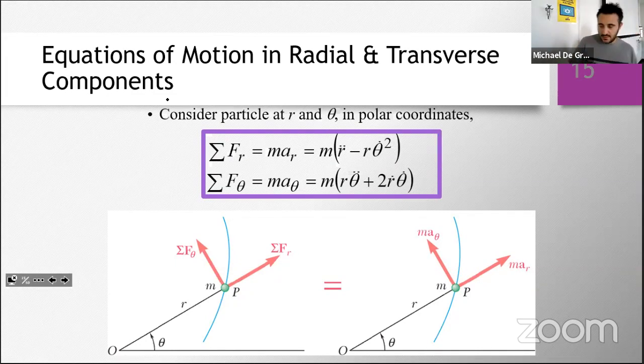So how do we do that? Well, here's the equations, right? Here's the punchline. And these are fun equations, right? Mass times the acceleration in the radial direction is equal to the mass times r double dot minus r theta dot squared, right? So what is this saying? This is saying that in the radial direction, we have a component of our acceleration that is due to how we are moving along the radius, but also how our angular velocity is moving.